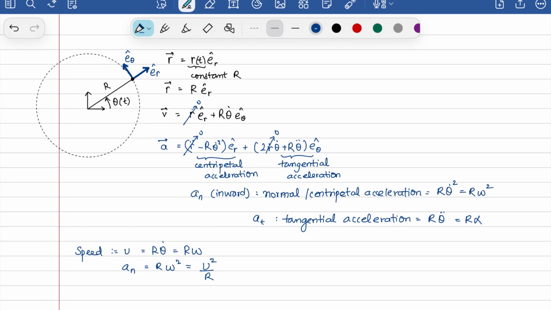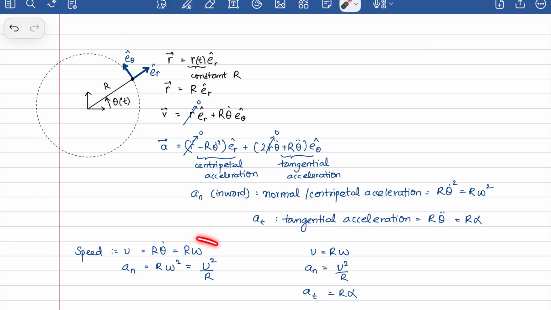And so we now have that v is equal to R omega, a_n is equal to v squared by R, a_t is equal to R alpha.